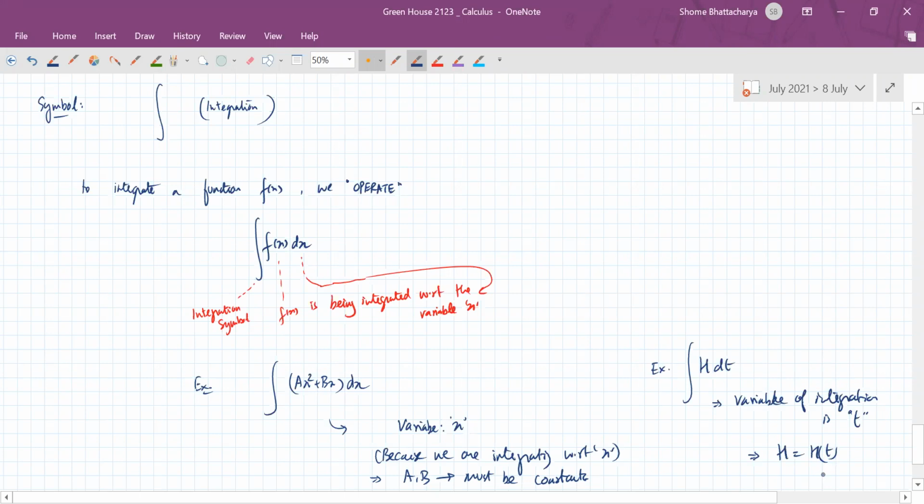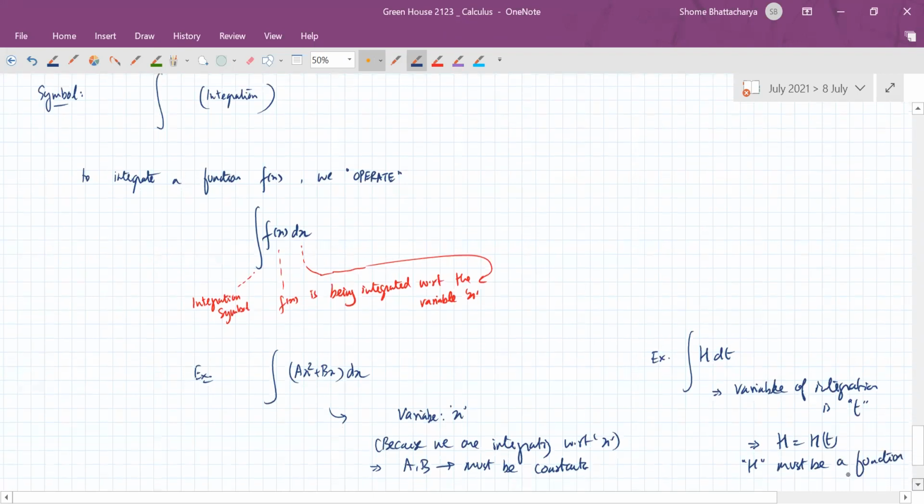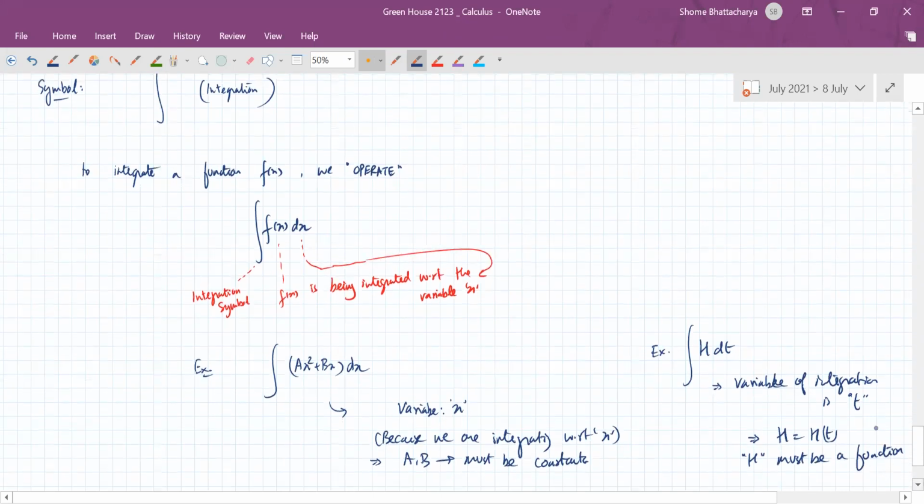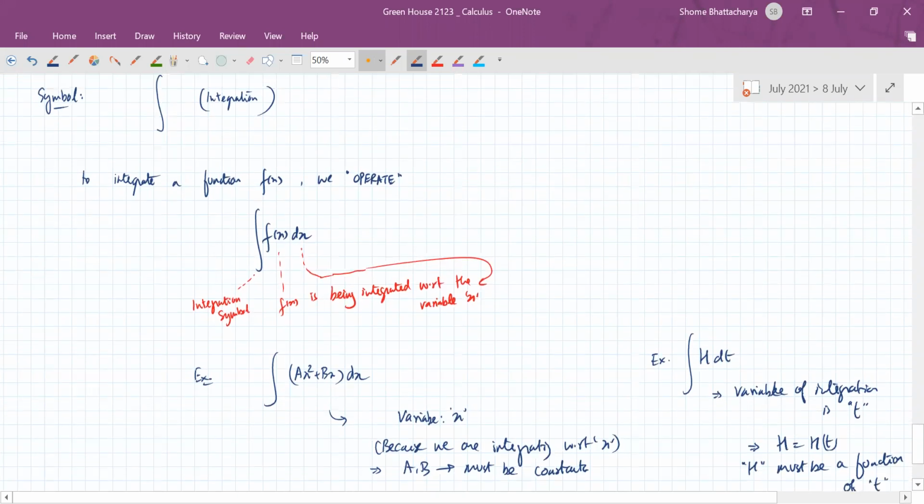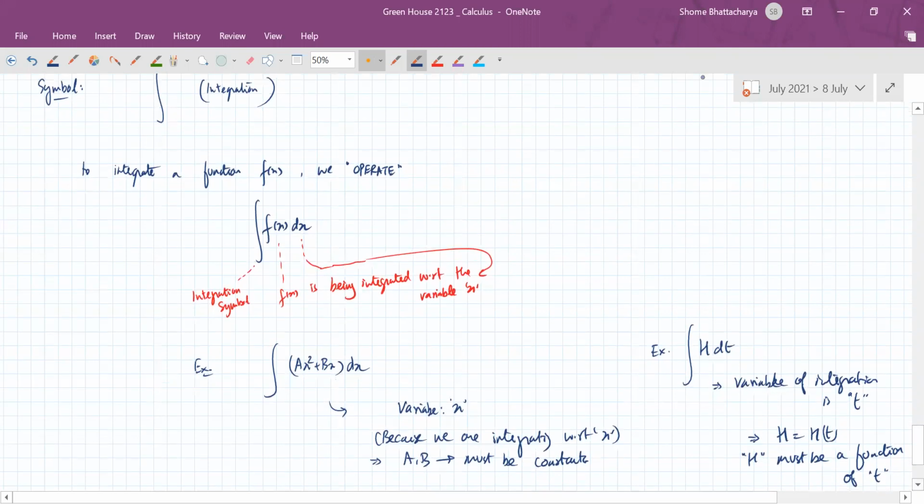It must be dependent on t, and it should not be a function of some other variable, otherwise we can't integrate it. So this is just about the symbol. We make a quick note of this, then we will come to actually how we do the integration.